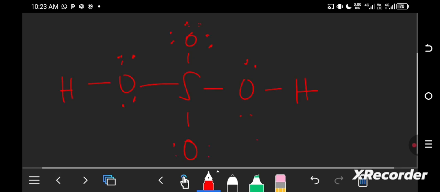Sulfur has donated 1 electron there to form a pair, to form this bond, and the same for each of the others. So the bonding electrons are simply 1, 2, 3, and 4.